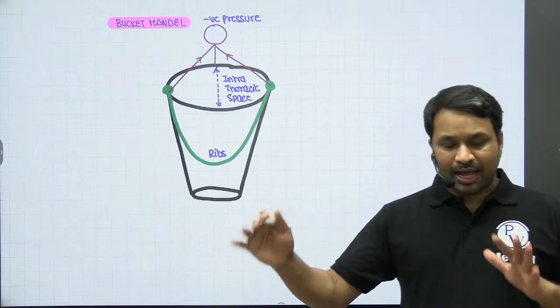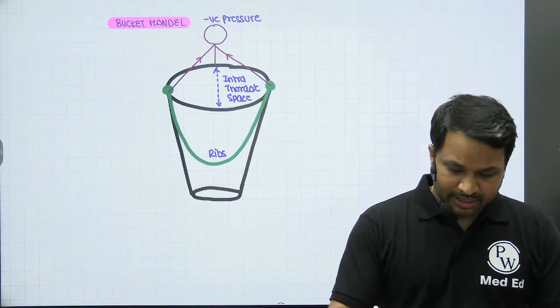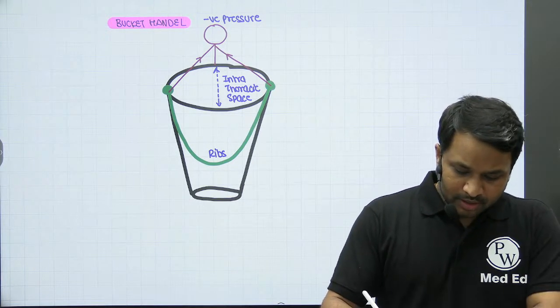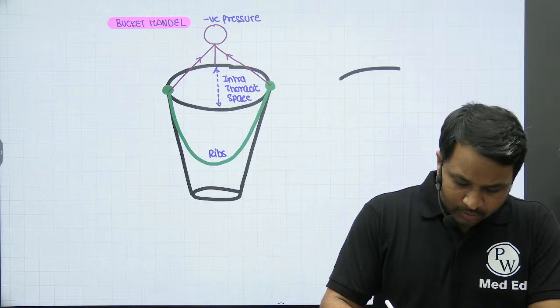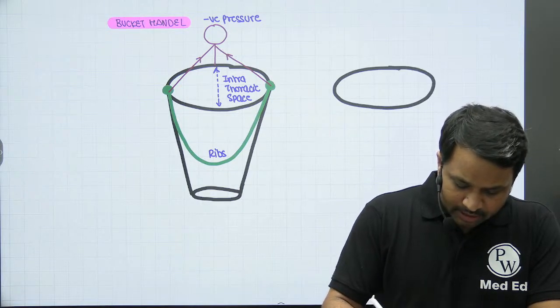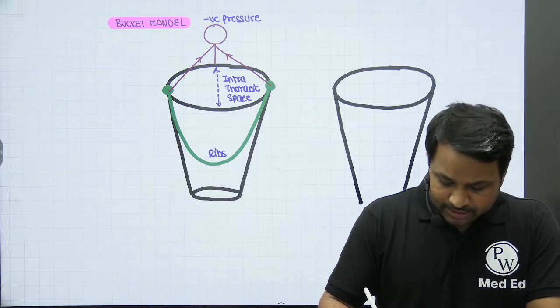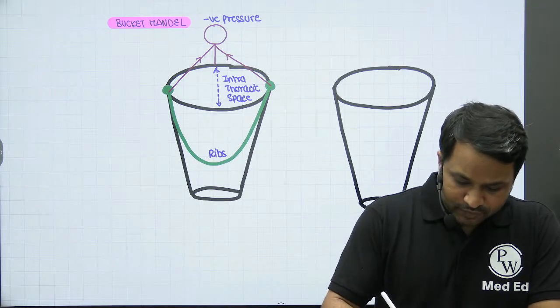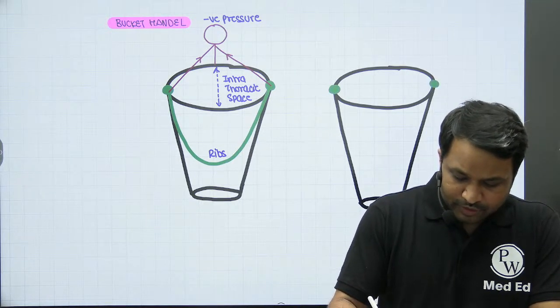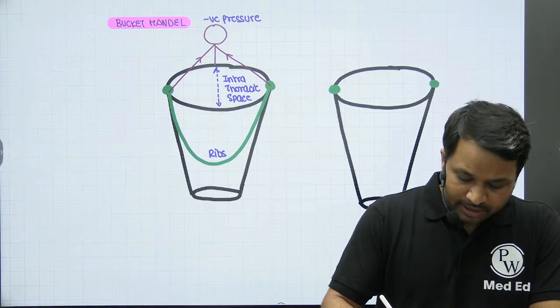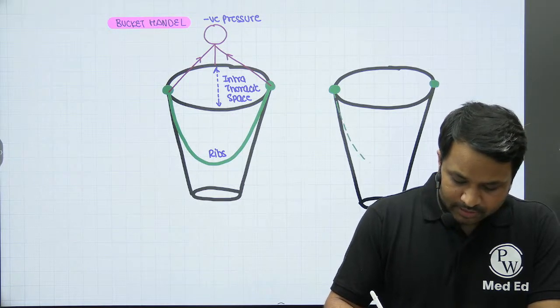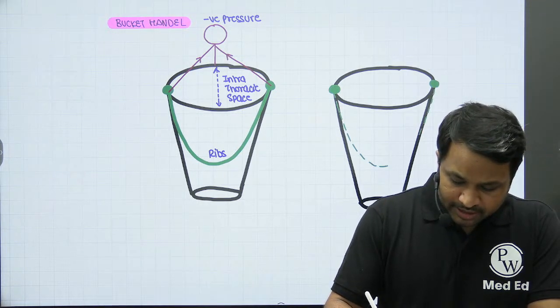Now, as this happens, as you exert more and more pressure, the handle will start to move. As the handle starts to move, you need to understand the journey of the handle. The fixed positions will remain, they will not change. But initially, at rest, the bucket handle was here.